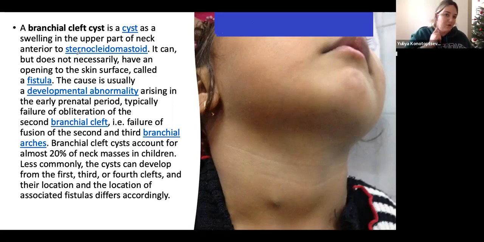So second, third, and fourth should disappear. In some people, specifically the second or third, okay, that's more common, by the way. Second, third are more common. This one right here is fourth. It's very rare. Okay, this is a fourth cleft cyst. It's rare. Majority of the time it is second or third clefts.